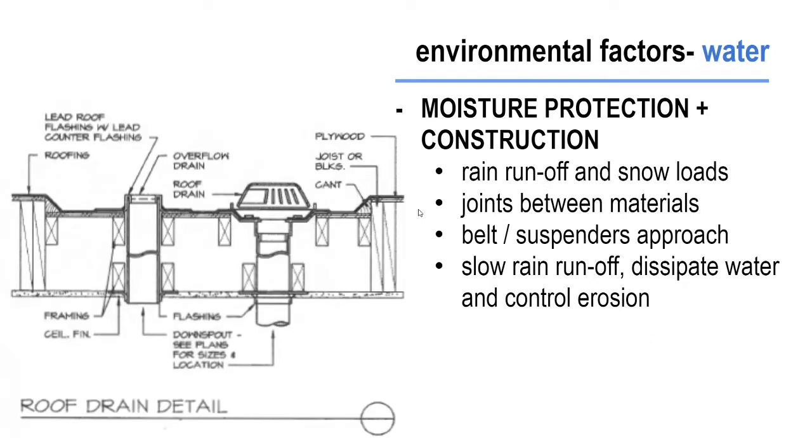Then we also have water, which, as I described in parts of our foundation lecture, is our main nemesis, destroying our materials and causing all sorts of havoc in our building.